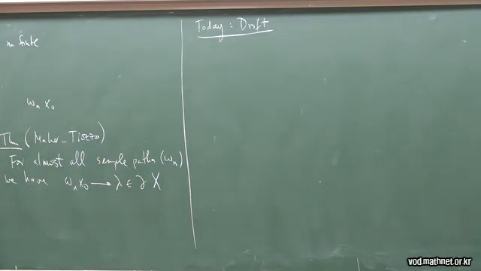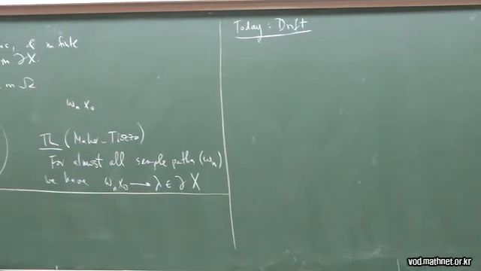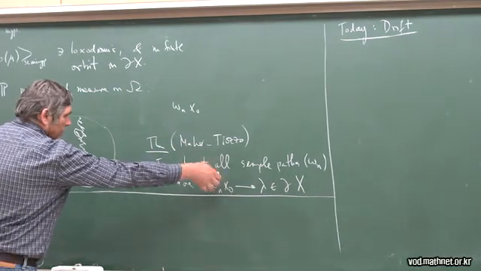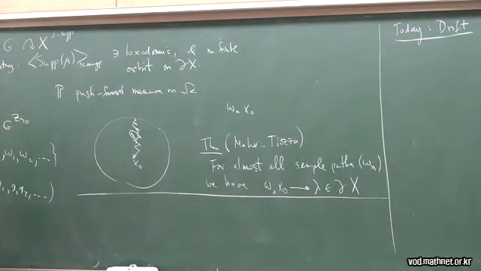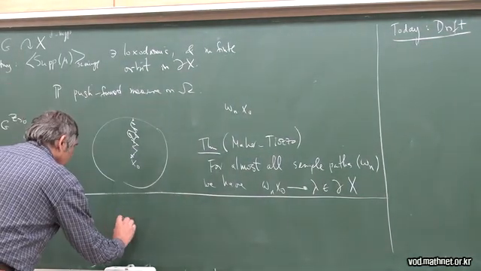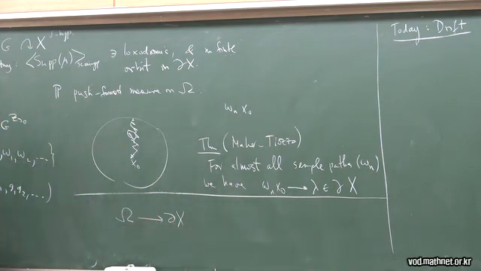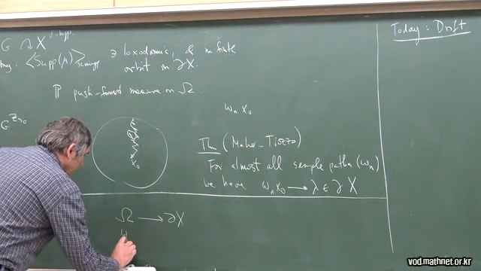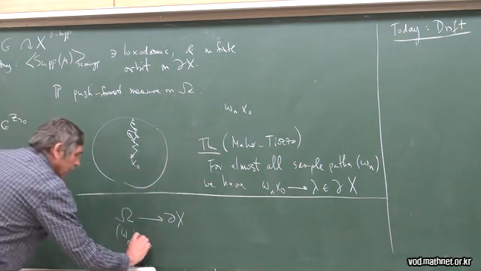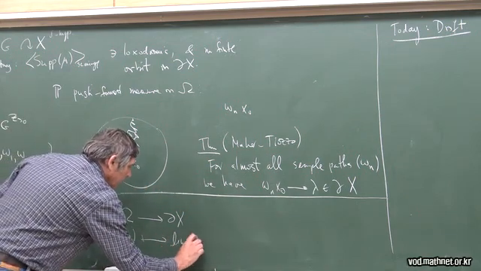Yeah, maybe one more thing before. I should have also mentioned this. This might come up a little bit later, but as a consequence of this, we can talk about the hitting measure. So we have a function that goes from omega to the boundary of X, and it's defined almost everywhere. You take one of these paths omega n and you send it to the limit of omega n x0. Right?